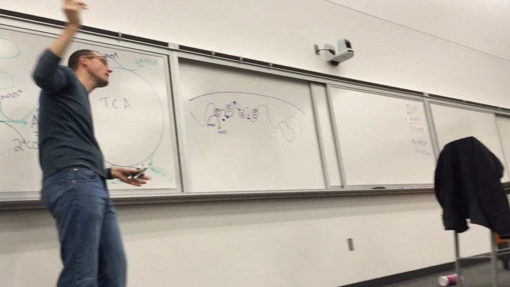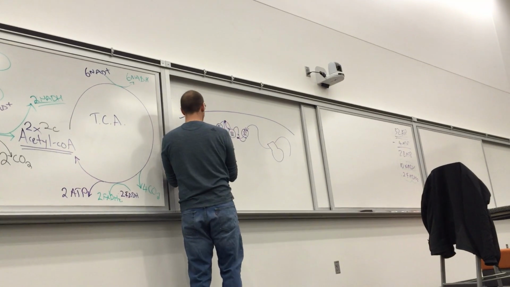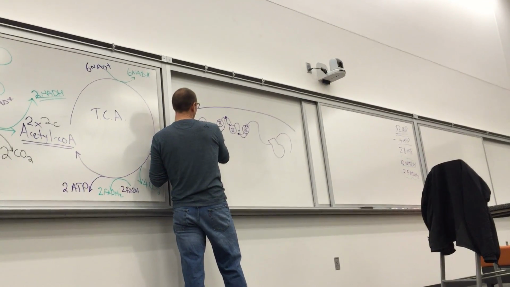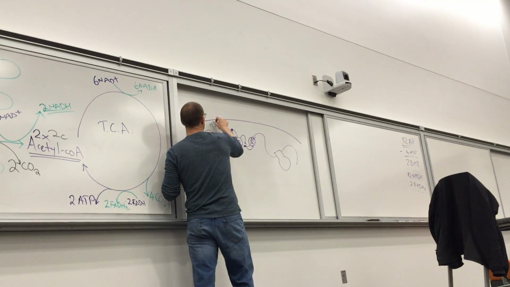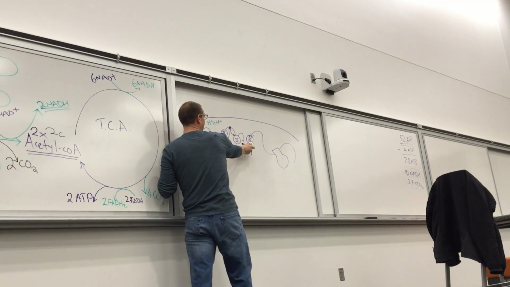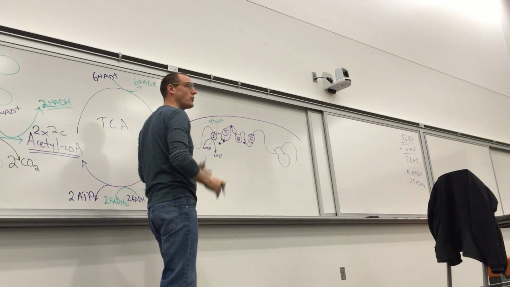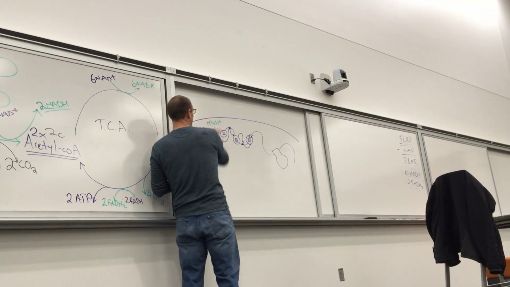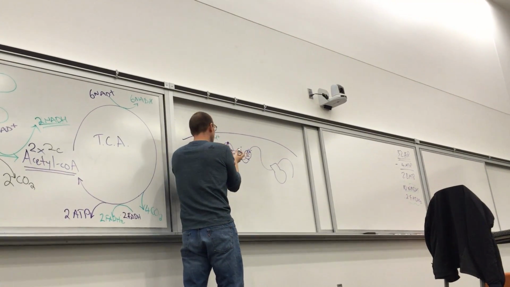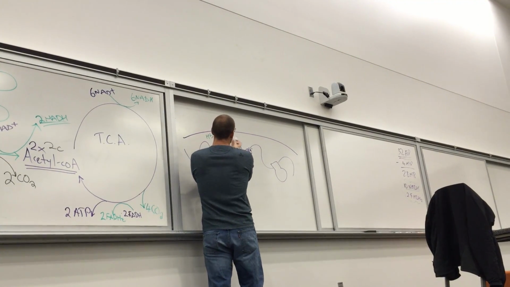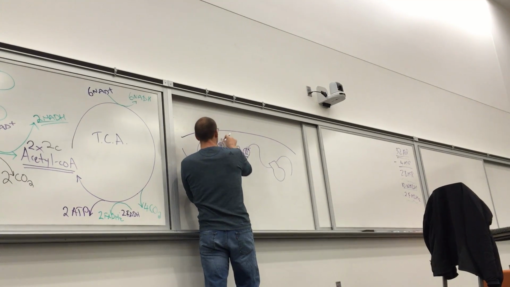And so that energy is taken by the complex, like complex 1, and it's used to pump protons into this space between the outer and the inner mitochondrial membrane. That's called the intermembrane space. So you pump those protons. Whenever there's a movement of electrons, there's some energy released. So when the electrons jump, we can pump some protons.